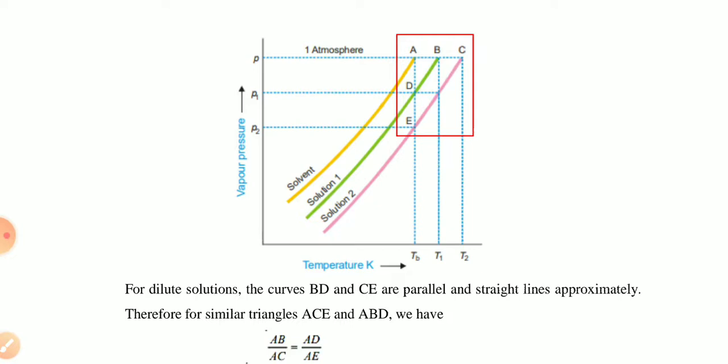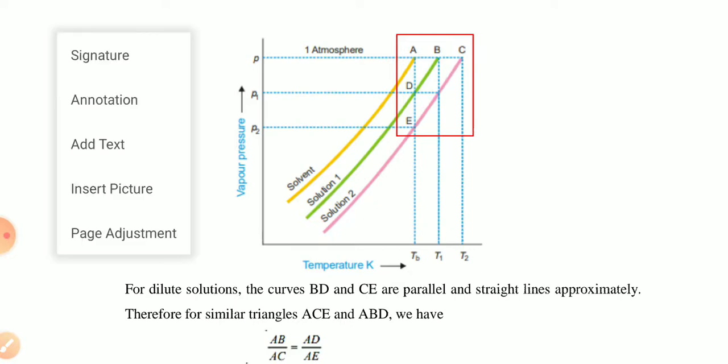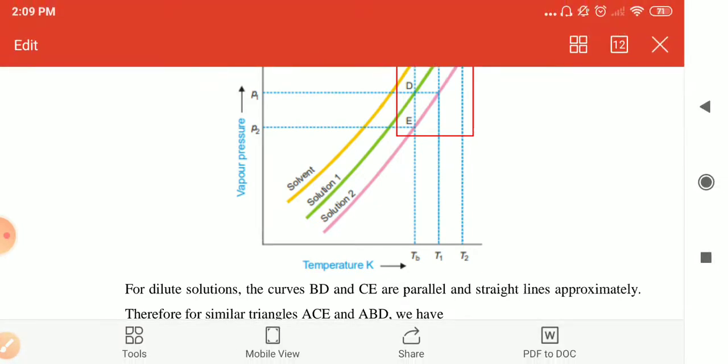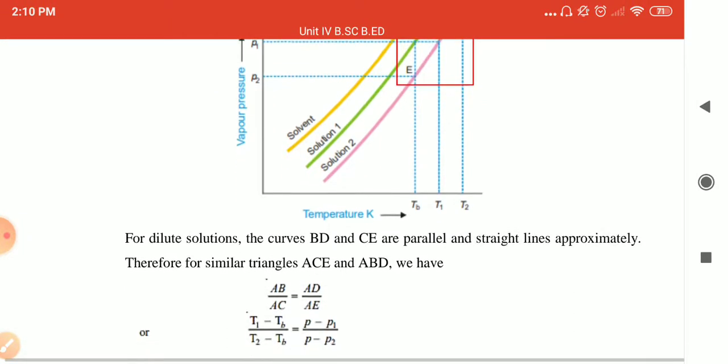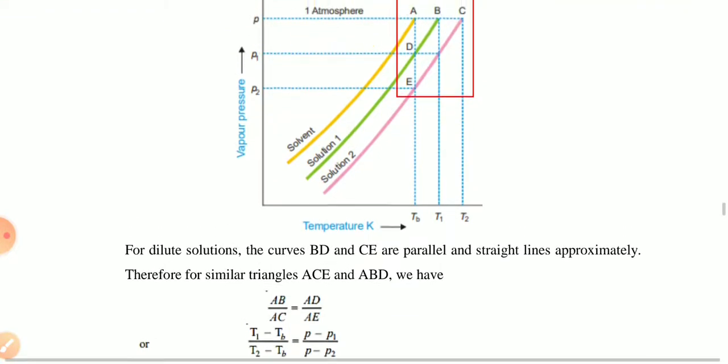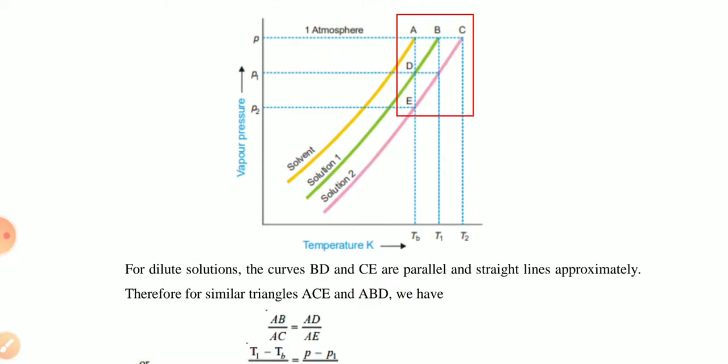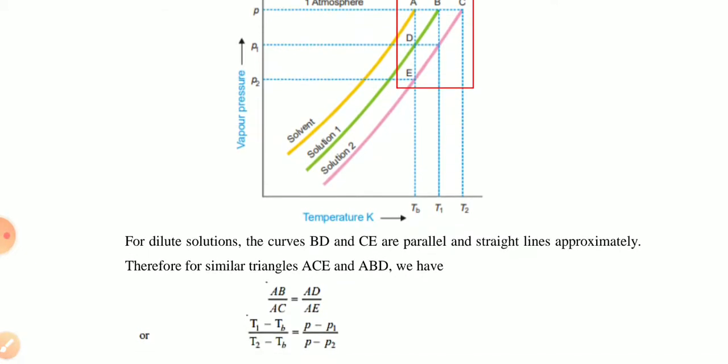Therefore, if we equate the ratios for the triangles ACE and ABD, we get AB by AC equals AD by AE. We put the values of AB and AC as the differences between T1 and Tb, and T2 and Tb.